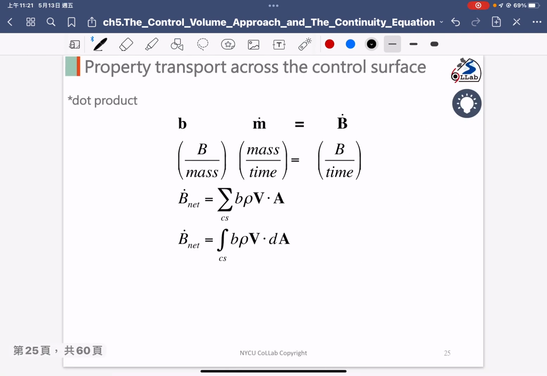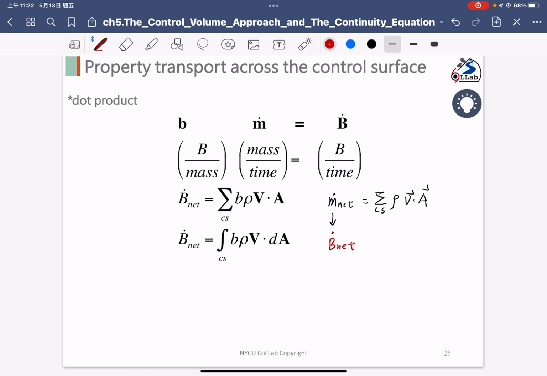And the extensive net is equal to the sum over the control surface of the mass flow rate. But because in the previous slide we called the net the mass flow rate net, we can write the control surface sum as rho V vector dot product with the cross-section area. But right now we change the mass to the extensive.